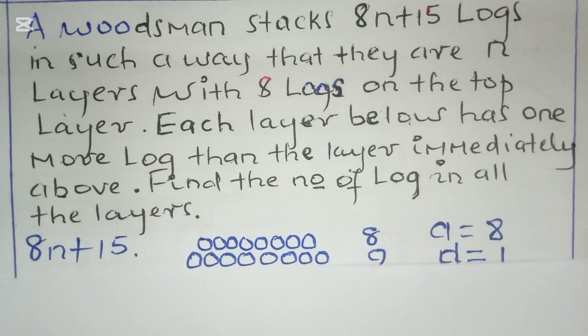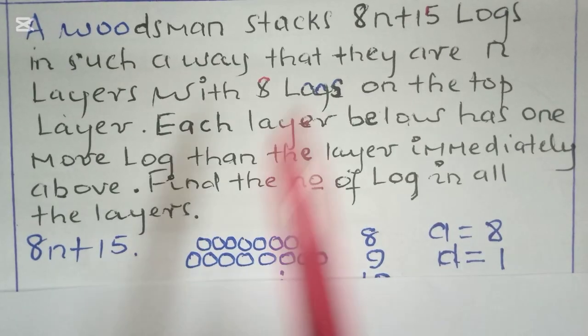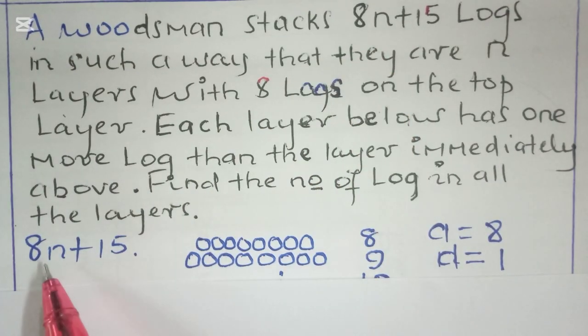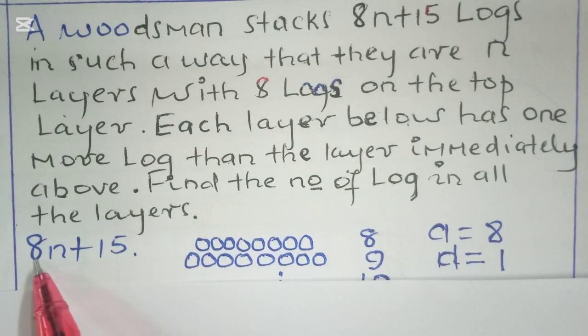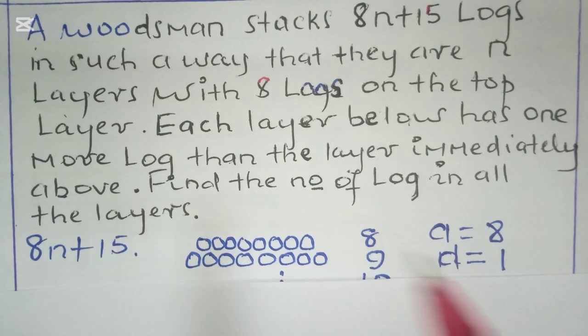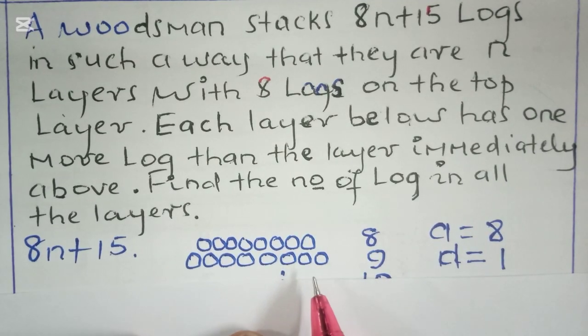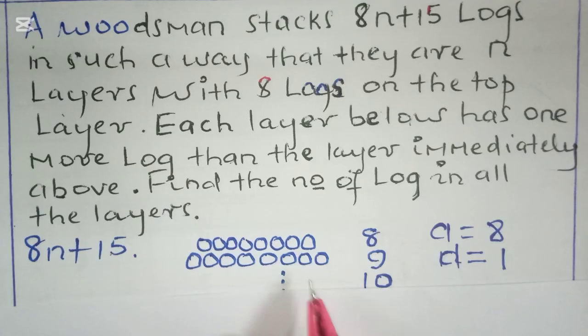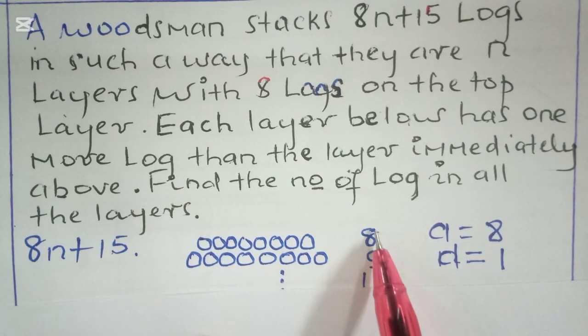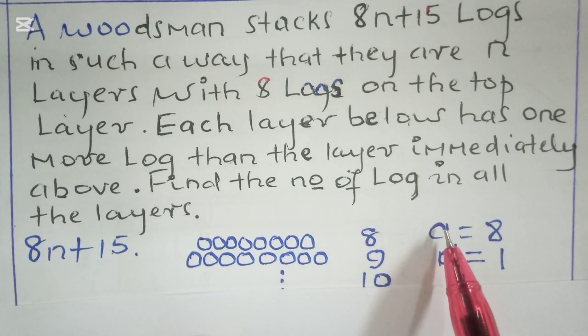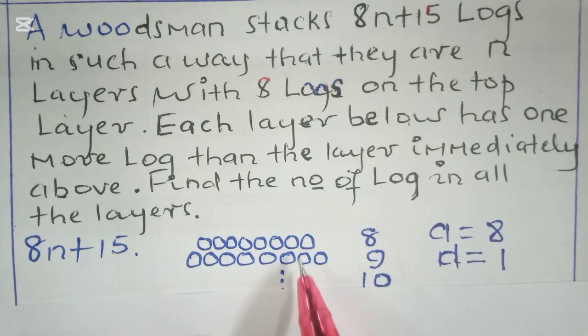The first thing, guys, we need to identify here is that the total number of logs is given by 8n plus 15. And then we also identify how the layers are arranged. We are told that the first layer is 8, and that's why I wrote a equals 8. That is the top layer.